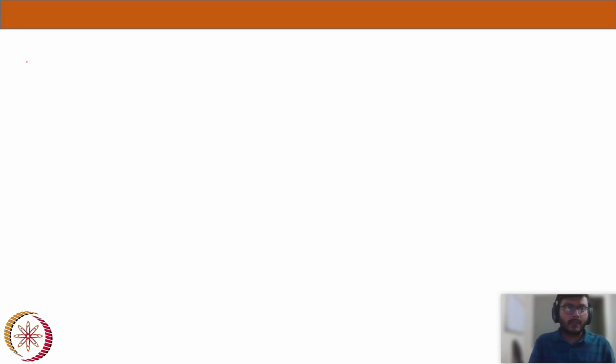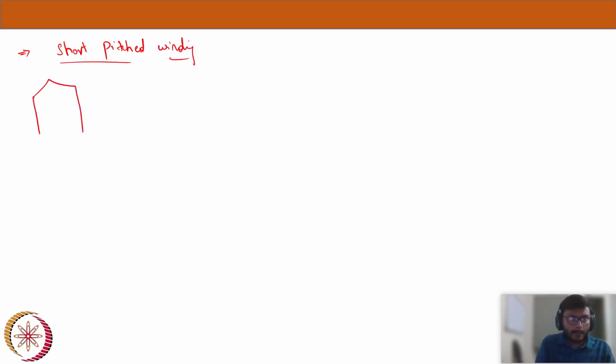Now we will quickly see the case of short pitch winding. Let's say multiple turns are there, and this is 1 dash, and this is not 180, it is 180 minus epsilon.